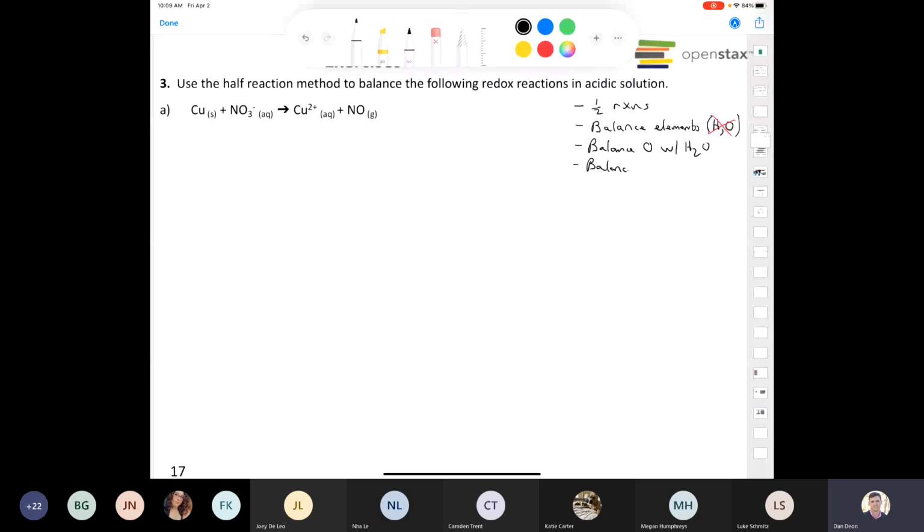Then we balance hydrogen with protons, and balance charge with electrons. Then we multiply the equation, if required, so that we have the same number of electrons in each one. Then we add the reactions and cancel anything that can cancel on each side, okay? That is my quick and dirty method right there.